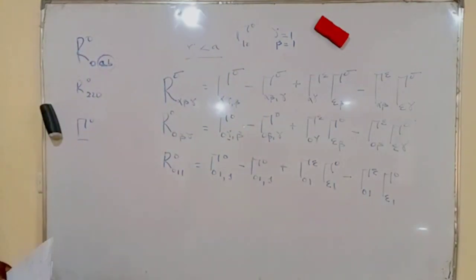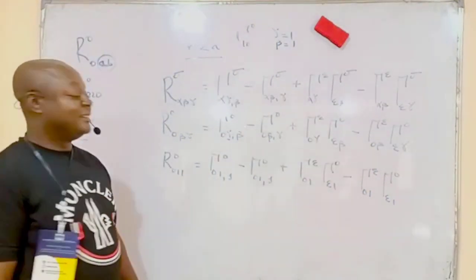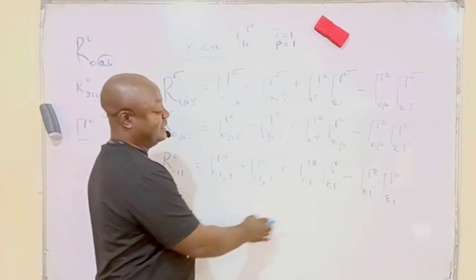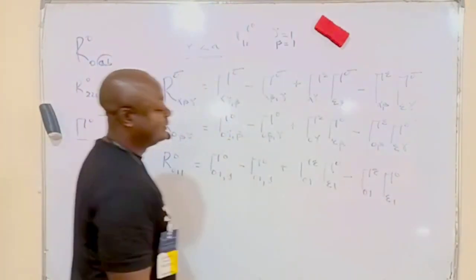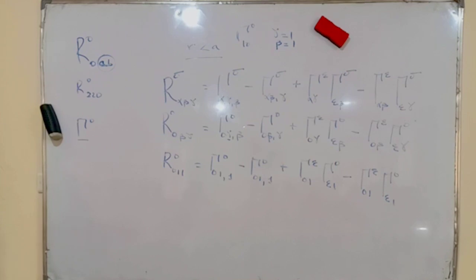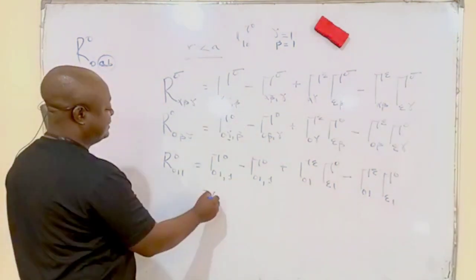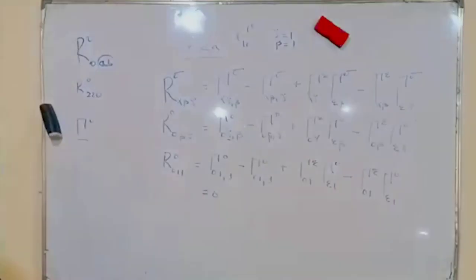Okay. Does this survive? Will it survive? Look at this. This is the same as this. This 2 is the same as this. Okay. So this will be 0. That will be 0.